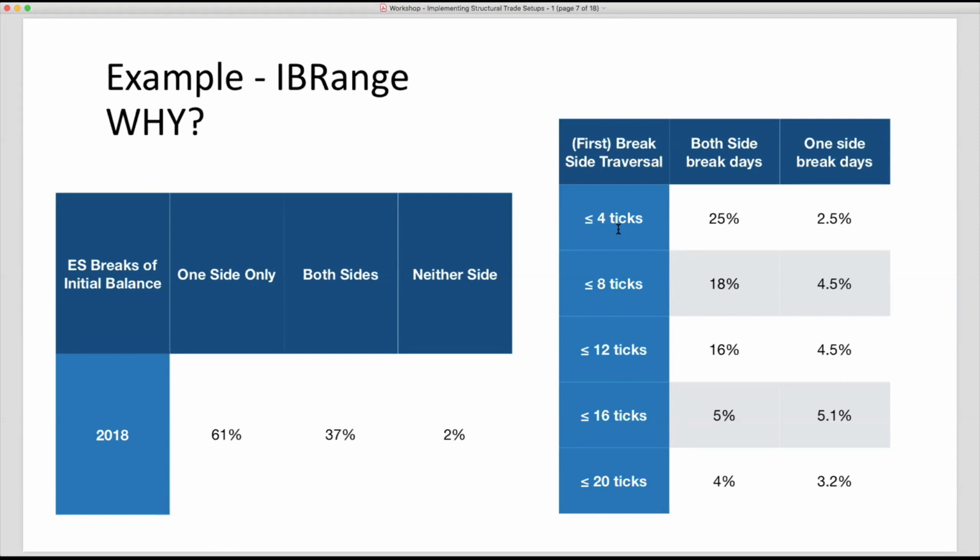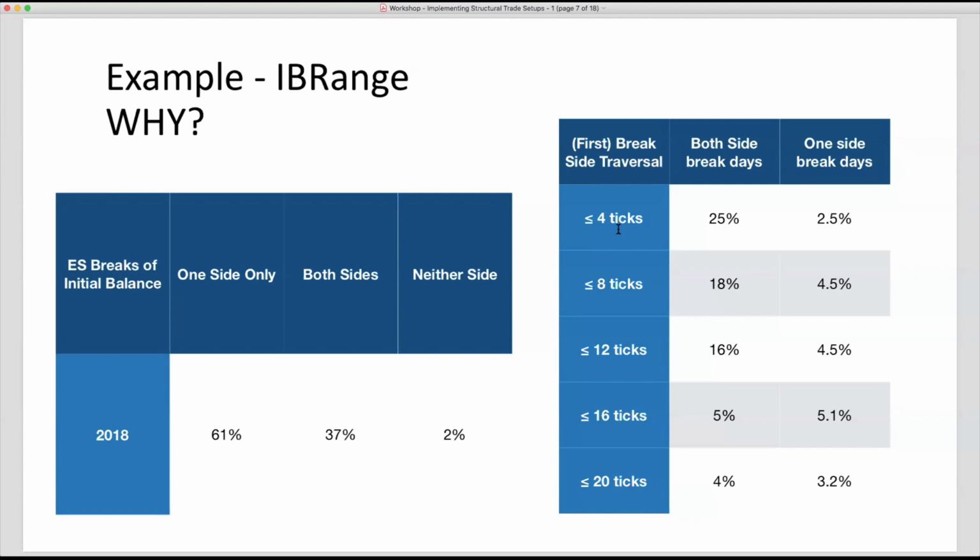Now, in the second table, what I've done is, for the same data set, 2018, I have looked at the frequency of different traversals of the break. Now, obviously, a one-side break day only breaks one side, the clue's in the name. But on a two-sided break day, we generally have a weak break followed by a stronger break later in the day.